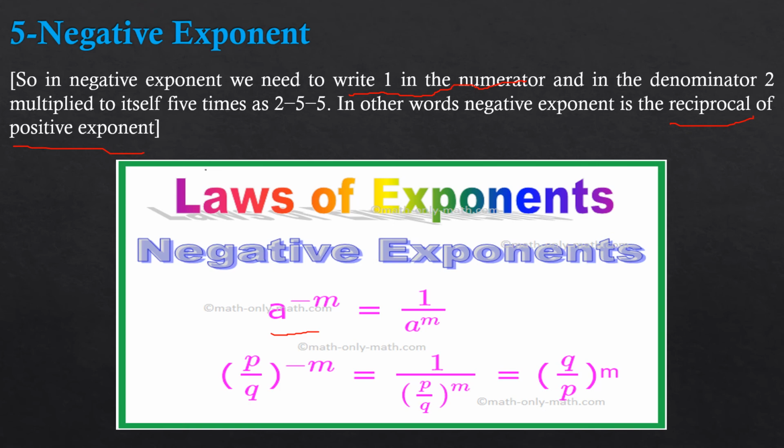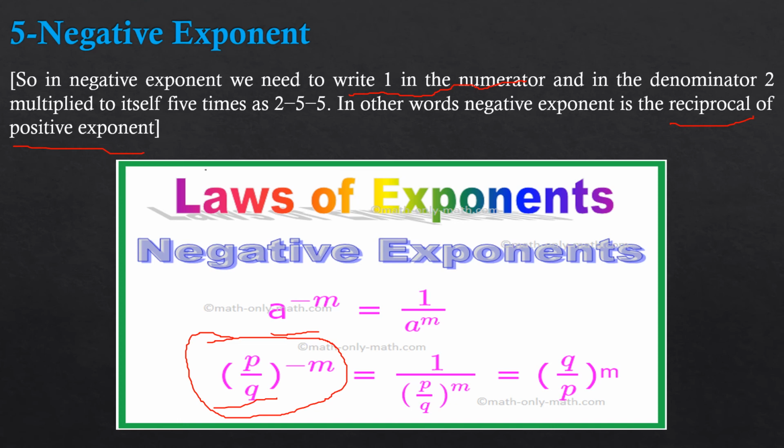The same thing if we have a division, p over q power negative m equals 1 over all of this, not just p or q, all of this, 1 divided by the one that has a negative exponent.